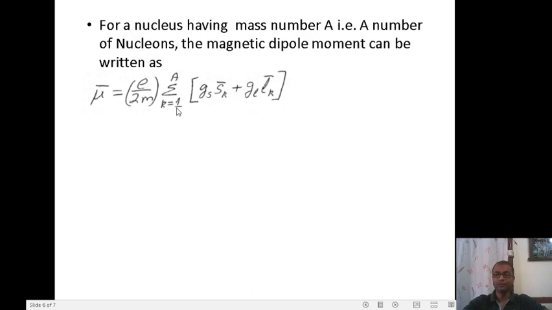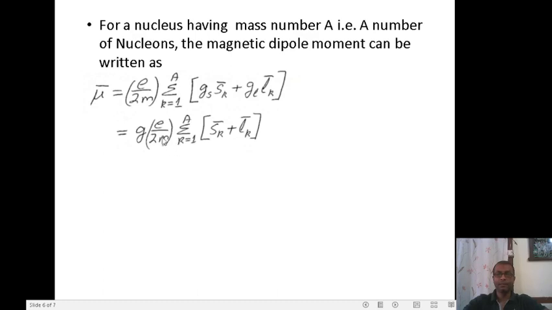So for the first nucleon, because of the spin, because of the orbital motion, for the second nucleon, because of the spin, because of the orbital motion, everything will add up together to give us the total magnetic moment of the nucleus as a whole.